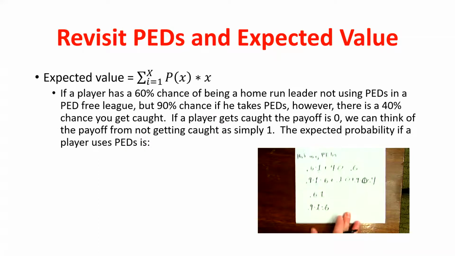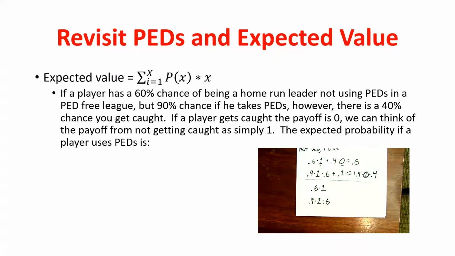So these different expected values are going to be based not only on the percent chance that I win this award, or am paid this amount, but also we can incorporate the probability that they get caught. Okay? So, really it just boils down to 0.6 times 0.9, which is 0.54 or 54%.